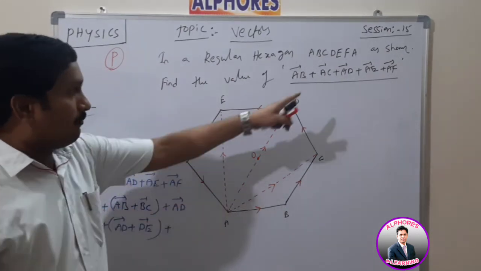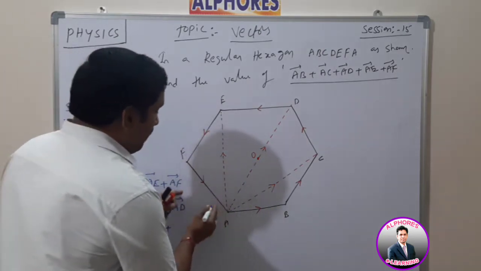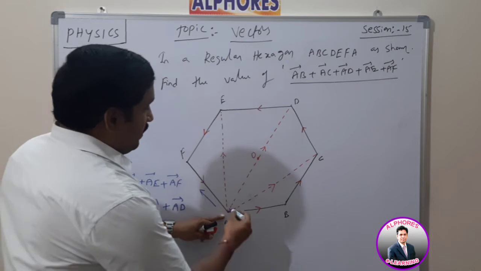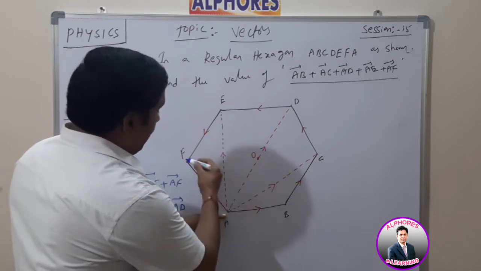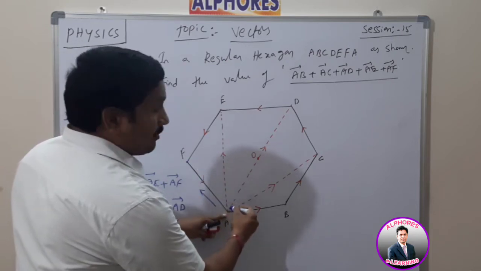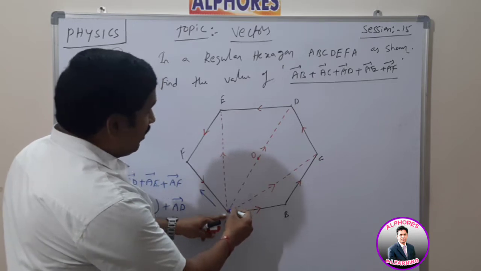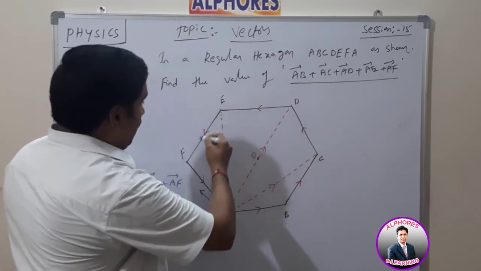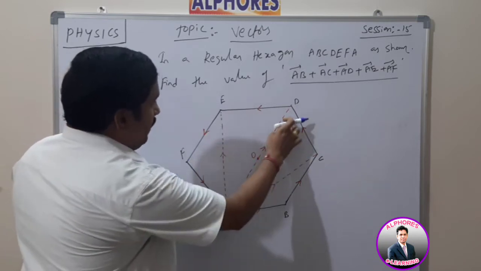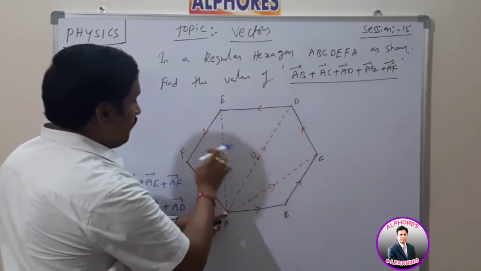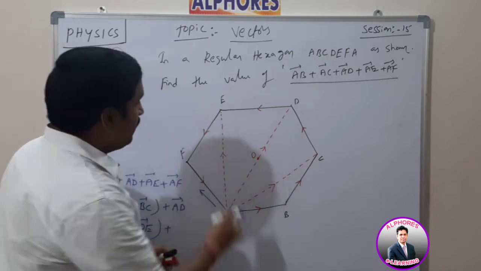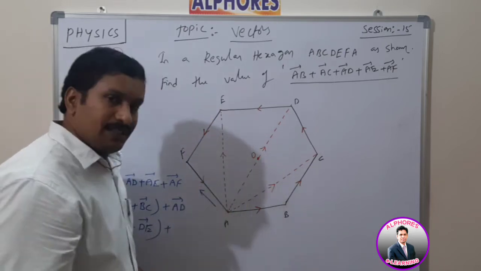AF bar, listen carefully, we have to take in this way. In order to find this vector I have to take these vectors as per the polygon law of addition of vectors, like this is AD, DE and EF. All these vectors are in the same sense, then the result AF is in the opposite sense.